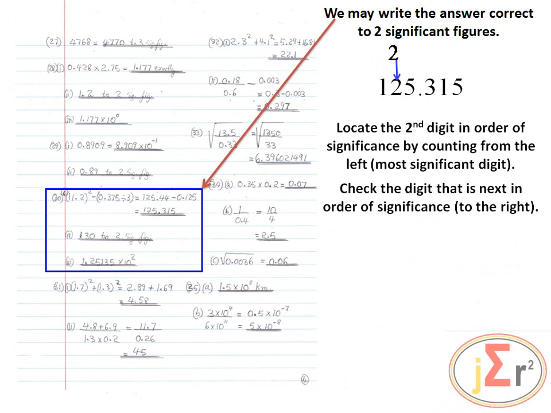Check the digit that is next in order of significance, the one located to the immediate right of that digit. The digit is 5, and we are searching for figures that are greater than or equal to 5 in order that we may add 1 to the digit in question, which is this 2, which is in the second most significant position. This is 5.